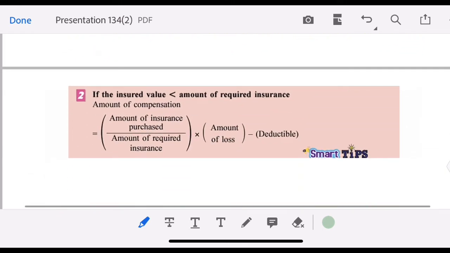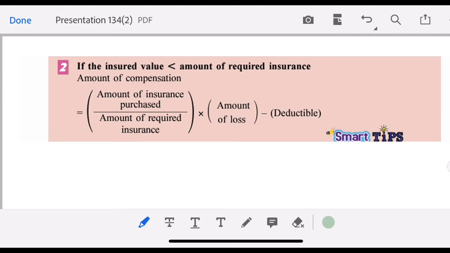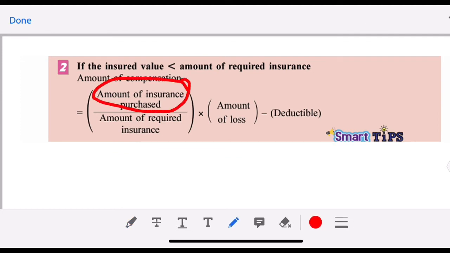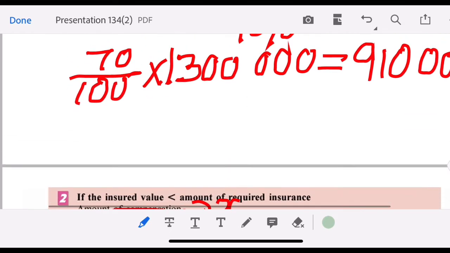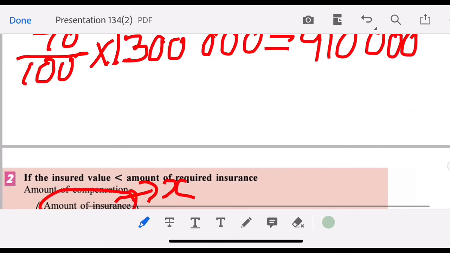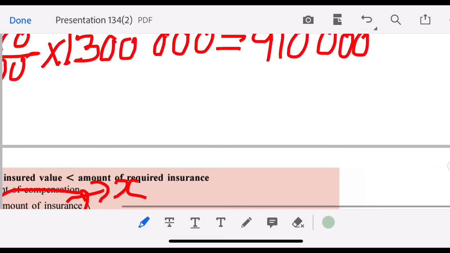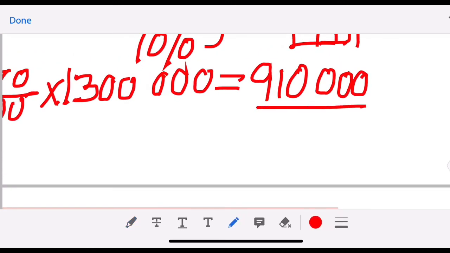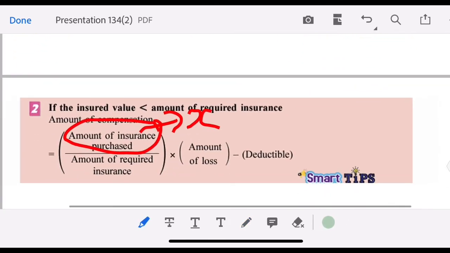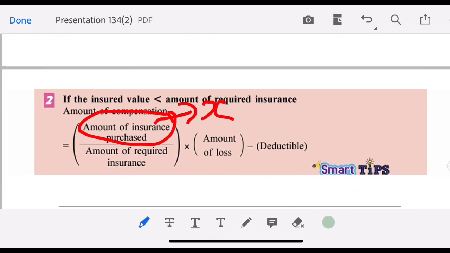So according to this formula, the amount of insurance purchase is what we want to find, we don't know. So let's say the amount of insurance purchase is X, and the amount of required insurance is 910,000, right? So we will substitute the 910,000 here.